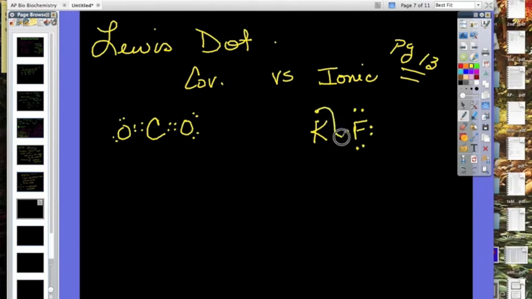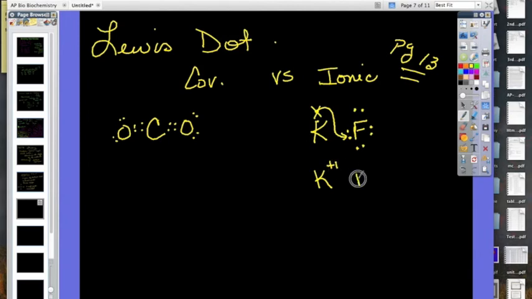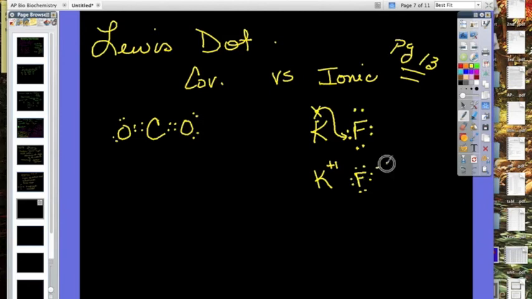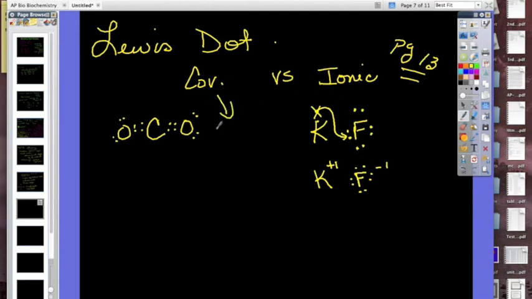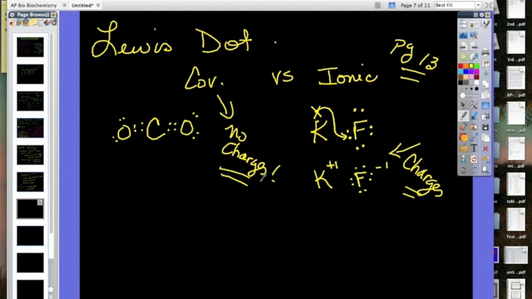When we drew this, we drew an arrow over there showing the electron being moved. So the dot structure for this would be potassium with a +1, and then fluorine actually now has 8 electrons, and it would be a -1. So when you see charges in a dot structure, that tells you it has to be ionic. Covalent, no charges. Okay, so charges versus no charges.